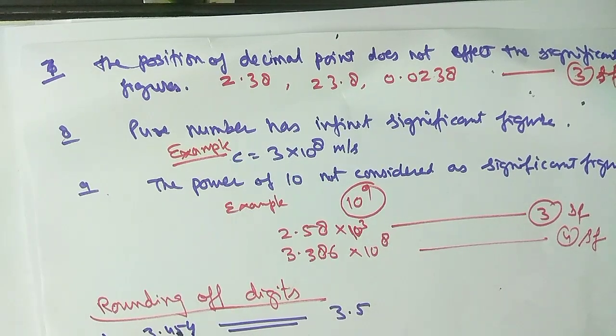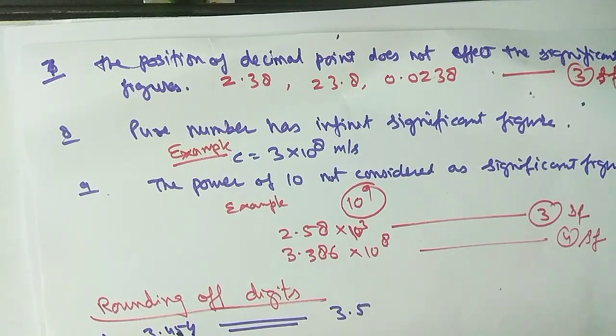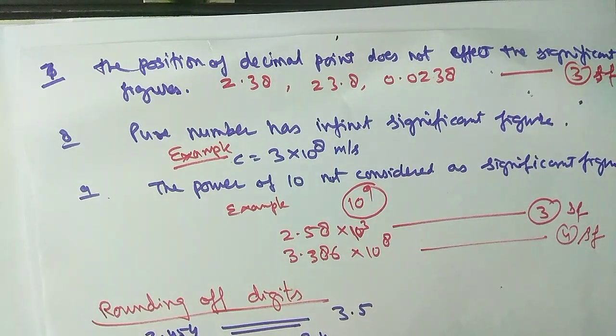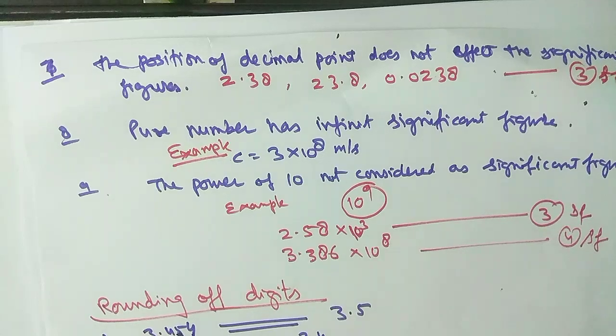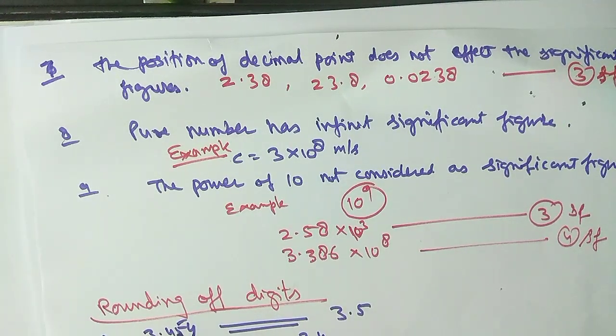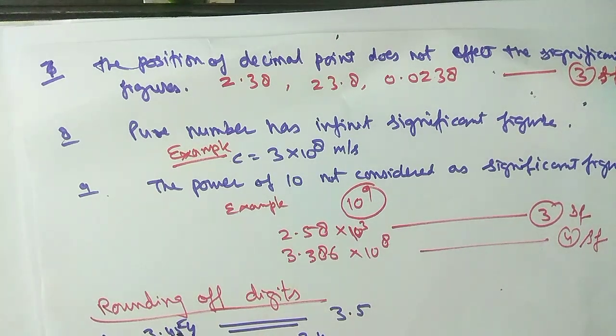After rounding you will write only 3.4. I think it is easy to remember. If the dropped digit is 5 or more than 5, the previous digit is increased by 1, and in the other case it is not increased.